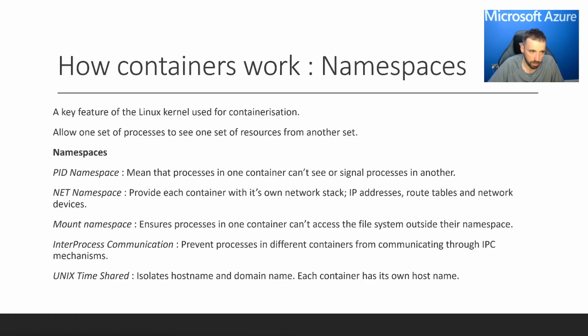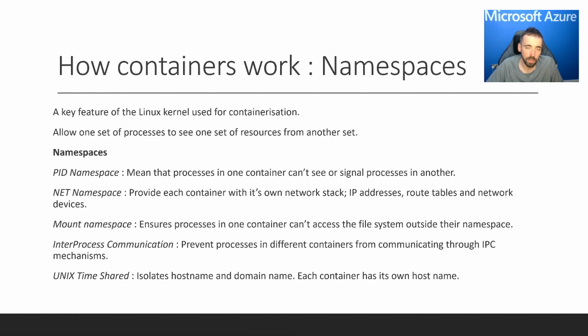So we've got process ID, and this means that processes in one container can't see or signal processes in another. The network namespace provides each container with its own network stack, IP addresses, route tables, and network devices. Then the mount namespace, which ensures processes in one container can't access the file system outside of their namespace.